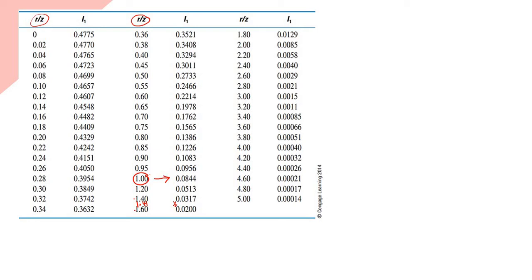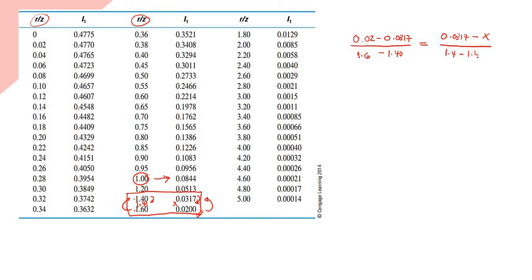So this is the time that we are going to use interpolation. If we are to interpolate this part, that simply becomes 0.02 minus 0.0317 is to 1.6 minus 1.4, is to 0.0317 minus x, where we do not know the value, divided by 1.4 minus 1.41.